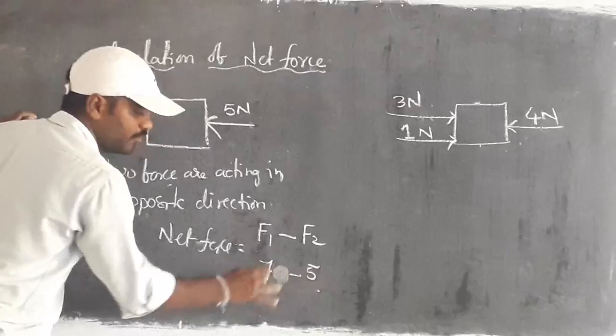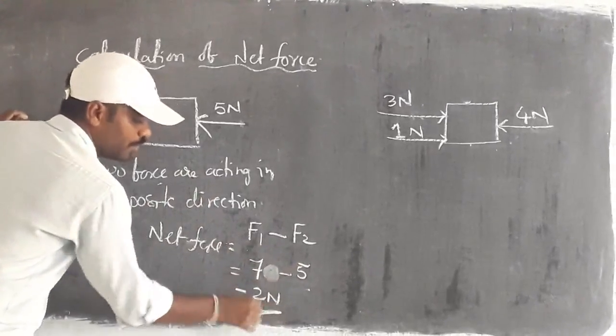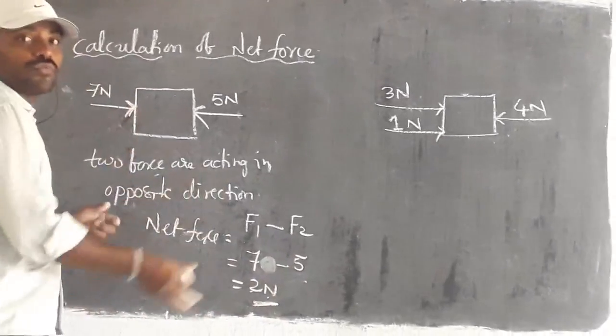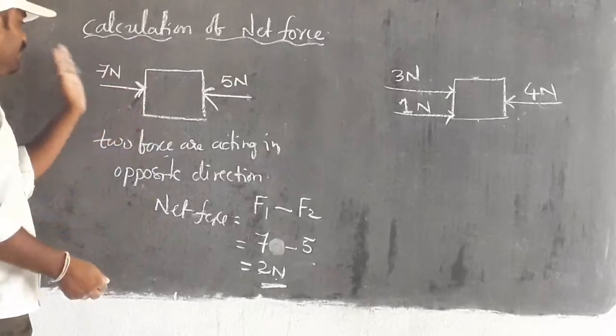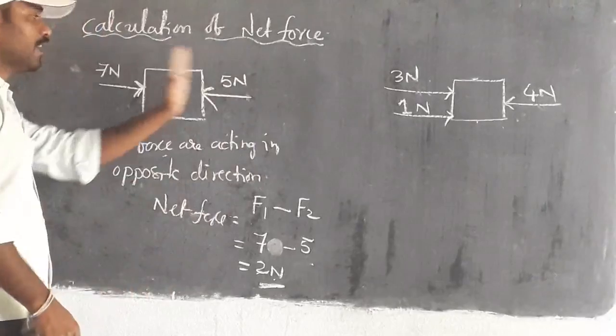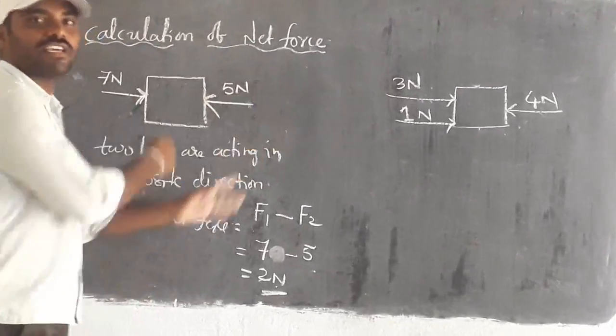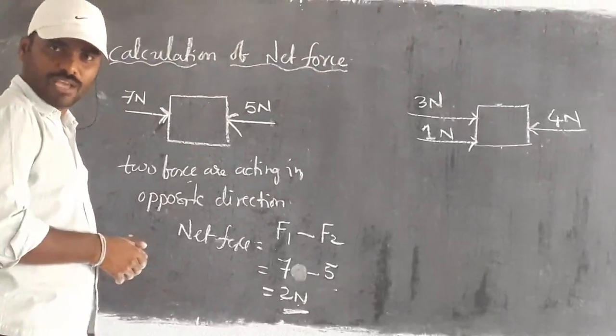No need to write the newtons, just 7 minus 5. The output is 2 newtons force. In which direction? The 2 newtons extra force is acting from left to right. So ultimately the object moves from left to right in the given problem. That you have to write. Okay? Have you got clarity?